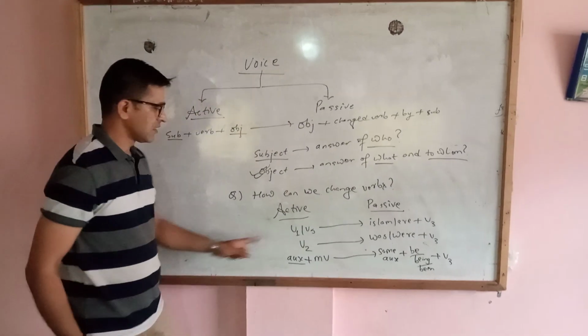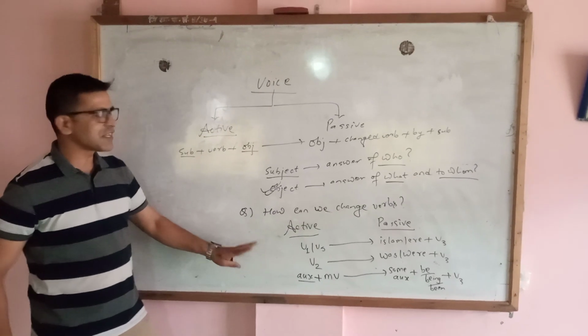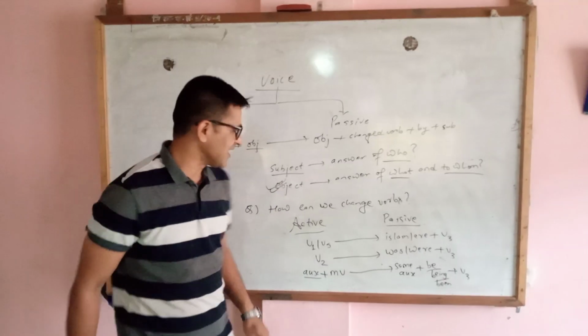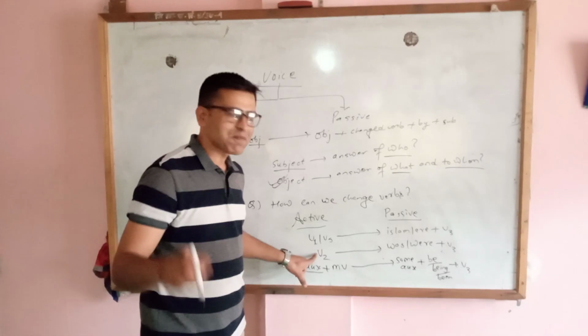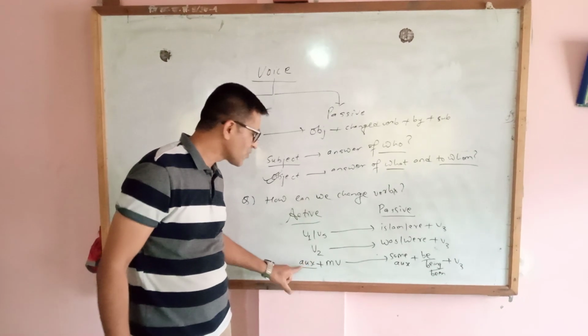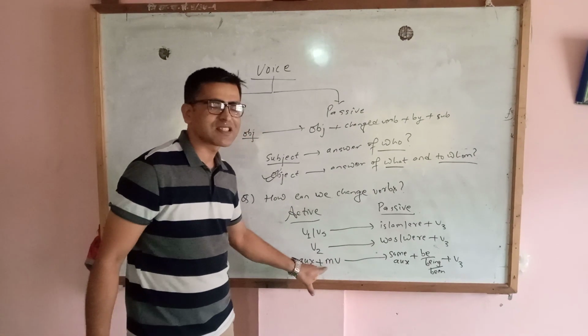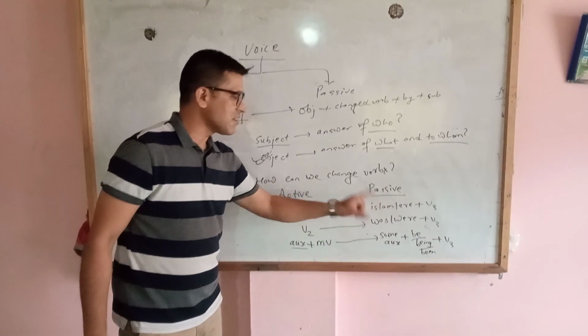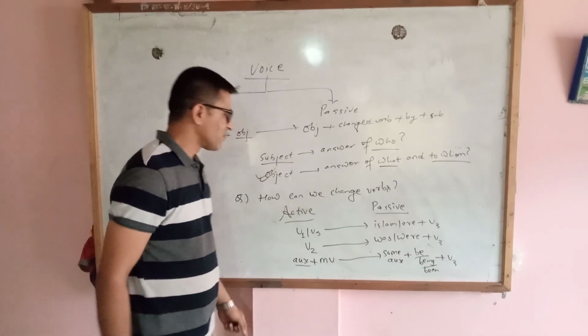Look at that. We have 3 rules of changing verbs. Once again, V1, V5 is is, am, are plus V3. V2 is was, were plus V3. And auxiliary plus main verb becomes same auxiliary plus be, being, been plus V3.